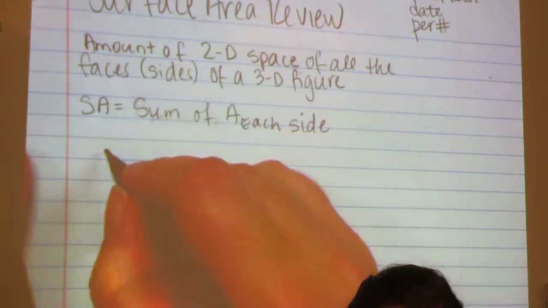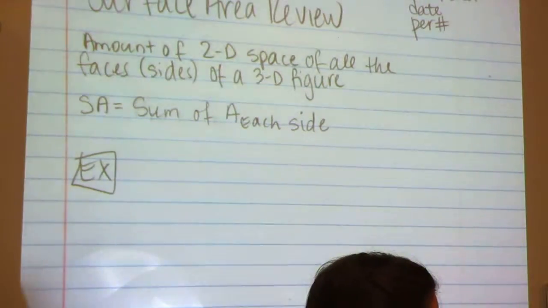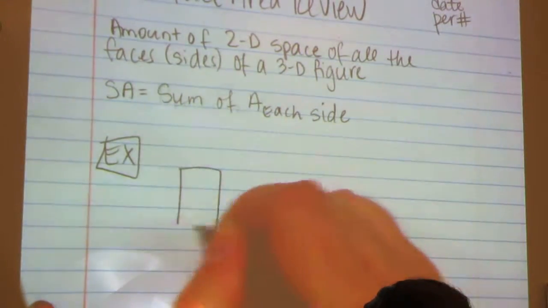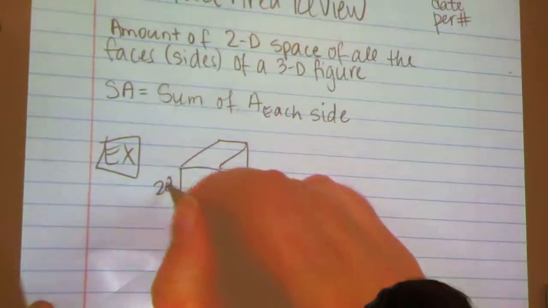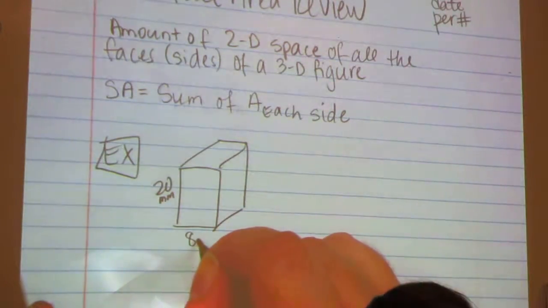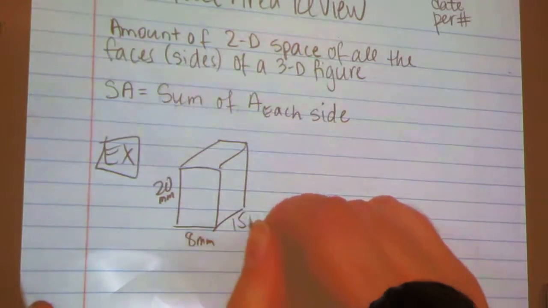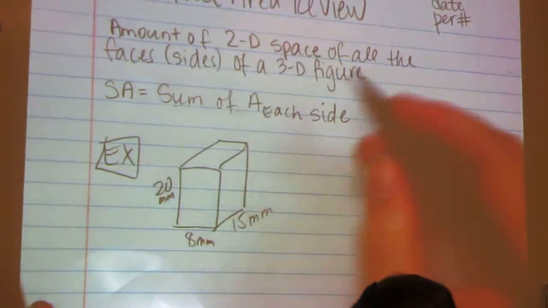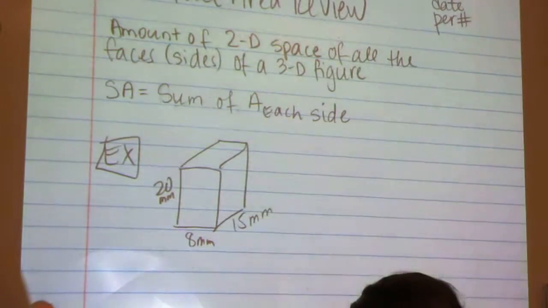So if you have, for example, a rectangular prism that measures 20 millimeters tall, 8 millimeters wide, and 15 millimeters deep, you would need to find the surface area of each side and then add them together.